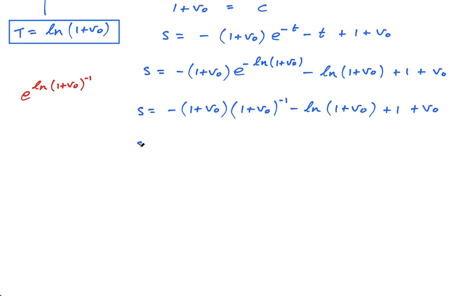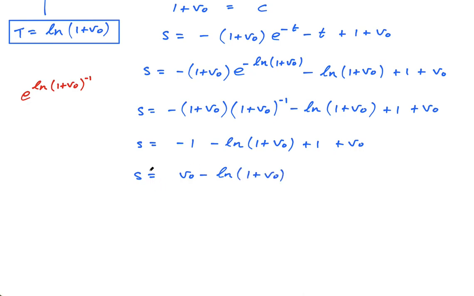So s is equal to -1 minus ln of (1 plus v0) plus 1 plus v0. The ones cancel, so s is equal to v0 minus ln of (1 plus v0).